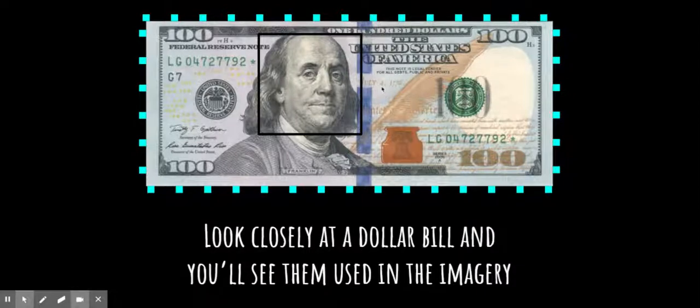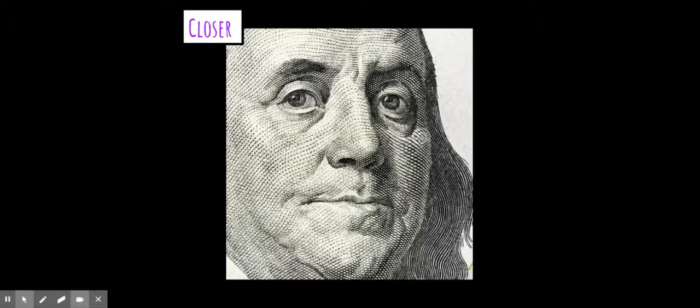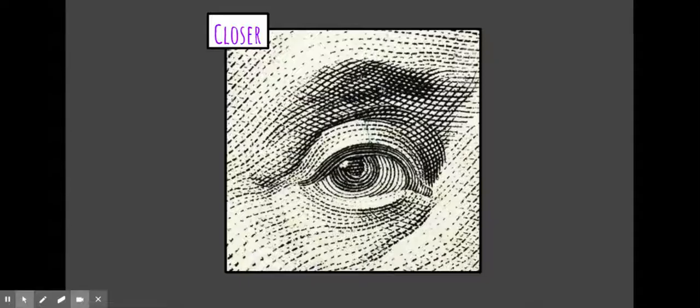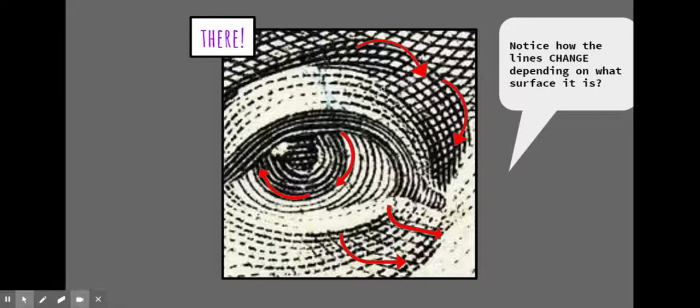So let's look a little closer and closer. And then when we really get in there, you can again see that the lines go around the shapes, and sometimes they cross over. If you look at just under the eyebrow or in the very center of the eye, those areas are crisscross lines.